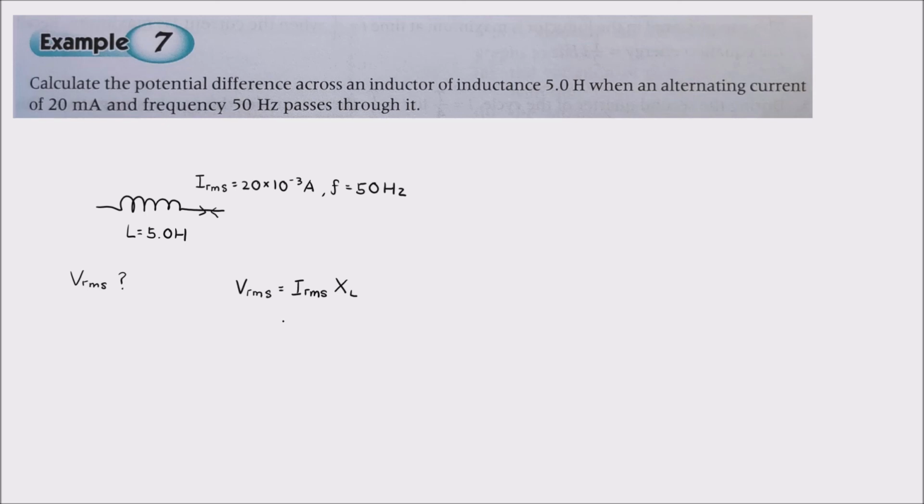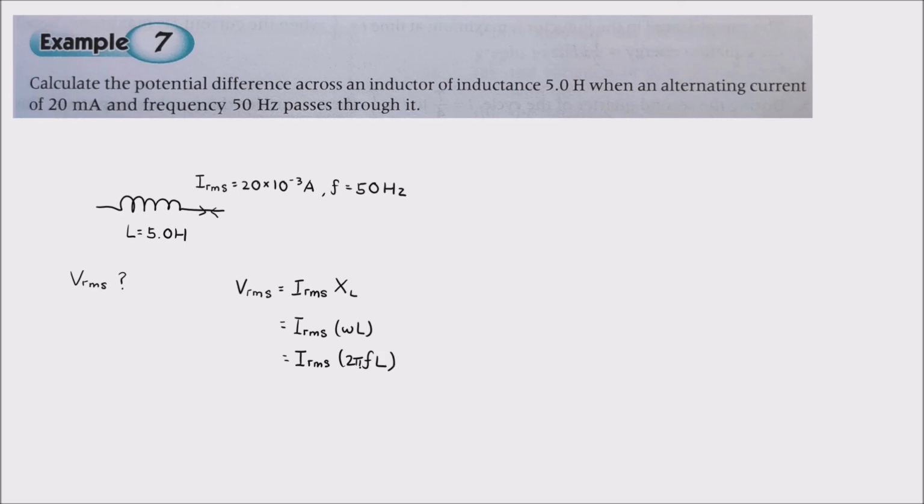We know the I_RMS value, but we don't know X_L. But we can break down this inductive reactance into its smaller parts, which is just omega L, and you can break it further down to I_RMS times 2 pi f L. I think we have broken it down enough.